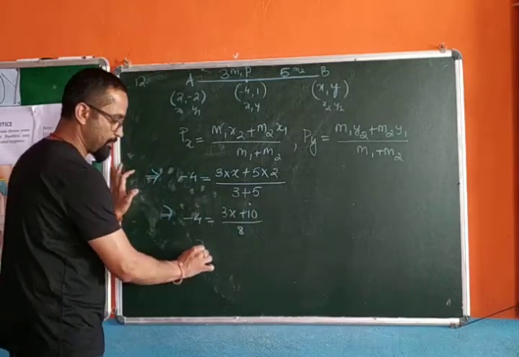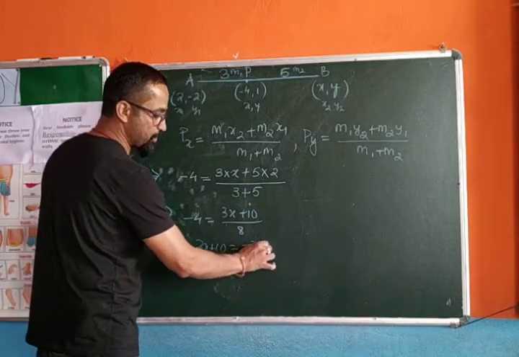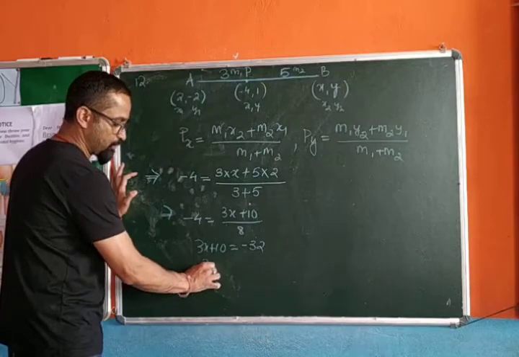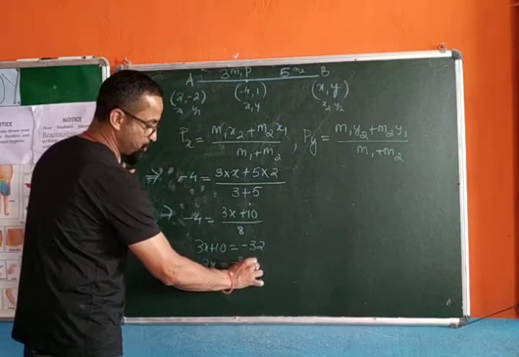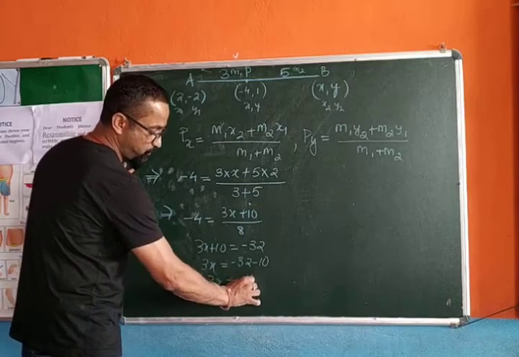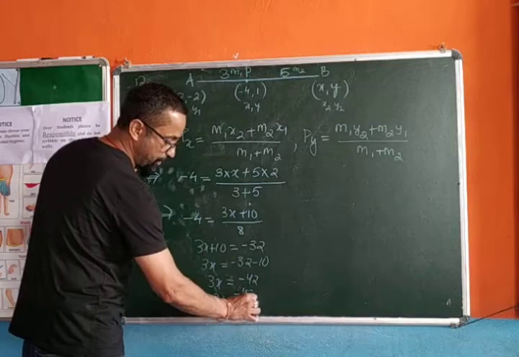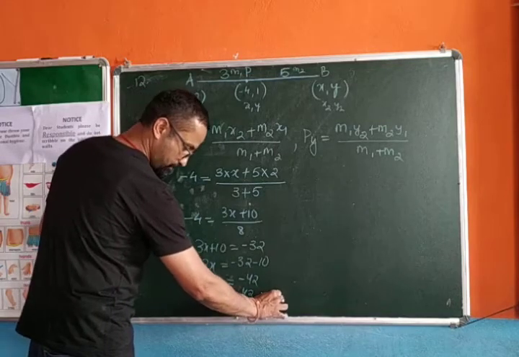Cross multiply. 3x plus 10 equals 8 into minus 4, which is minus 32. 3x equals minus 32 minus 10. 3x equals minus 42, x equals minus 42 divided by 3, minus 14.